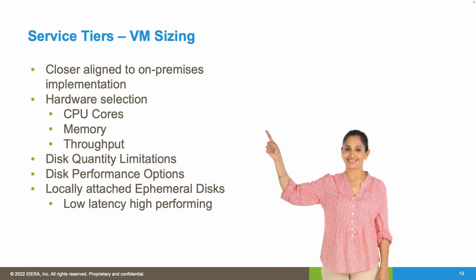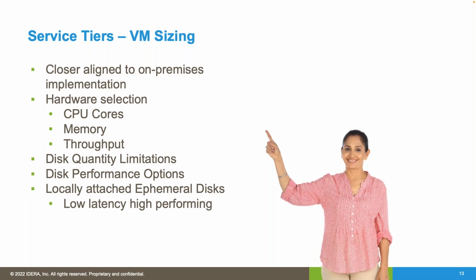Given the nature of TempDB being rebuilt upon a restart, we tend to like using that ephemeral disk because we want the best performance for TempDB, and we don't care if SQL Server has to rebuild TempDB every time it restarts. Those are great examples as to why we want to use those ephemeral disks.